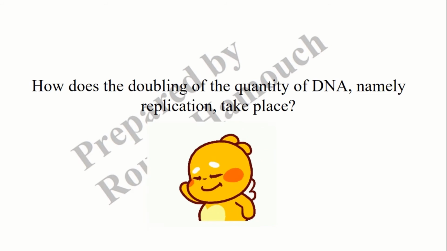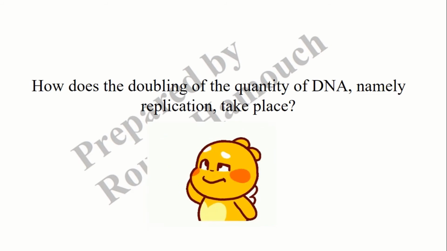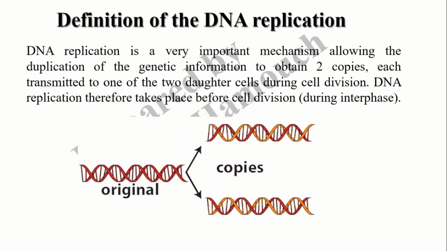So how does the doubling of the quantity of DNA, namely replication, take place? Let's define the DNA replication mechanism. DNA replication is a very important mechanism allowing the duplication or the replication of the genetic information in order to obtain two copies, each transmitted to one of the two daughter cells during cell division.